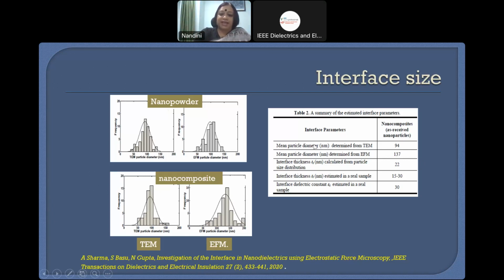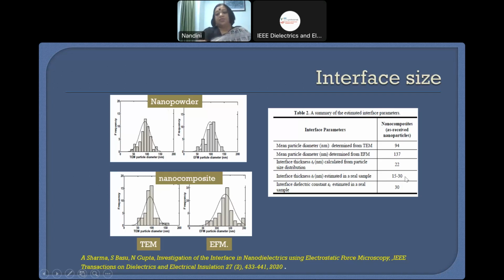So the difference between the EFM diameter and the TEM diameter would give me an estimate of the thickness of the interface around the particle, because the EFM is giving me the phase difference across the particle as well as the interface. Calculated from this, we get an estimate of 22 nanometers, which reasonably matches the estimate that we obtained from direct EFM phase image matching, 15 to 30 nanometers.